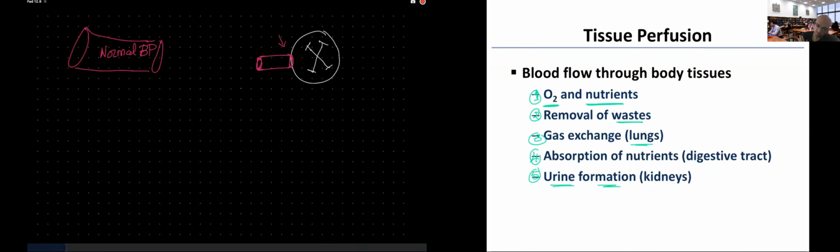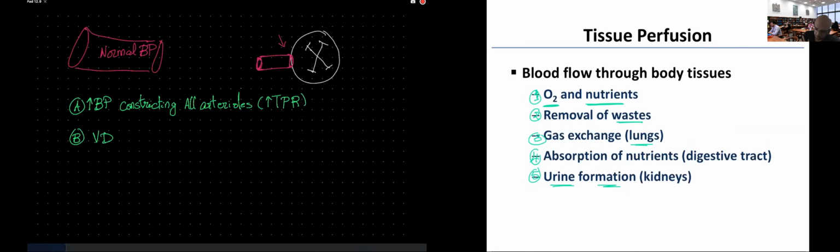I'll give you two options. Increase the blood pressure by constricting all arterioles, or in other words, increasing the total peripheral resistance. This is A. B, I will be performing a vasodilation of all arterioles in the body.